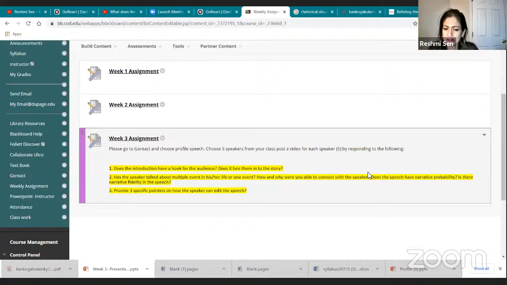What were some of the 3 specific pointers? I think when I have to think about how he could improve his speech, I think that his speech moved between 3 different phases in his life. I wish he had some strong transitions.